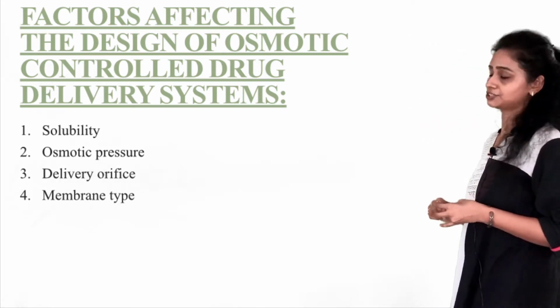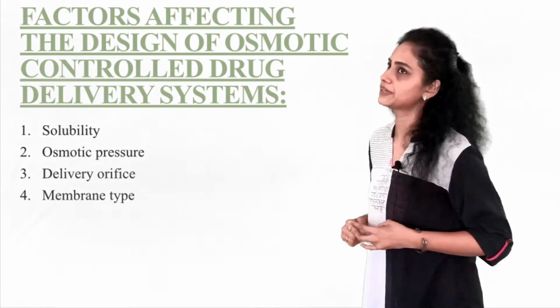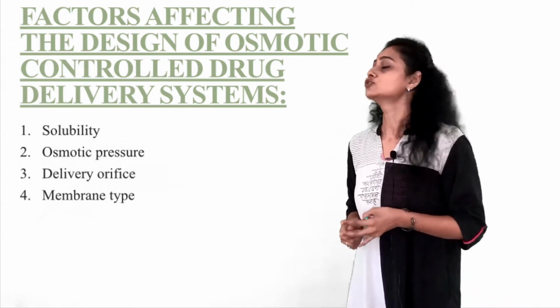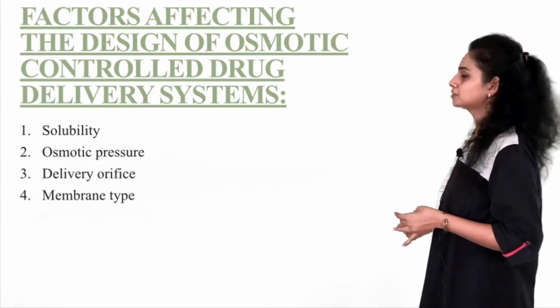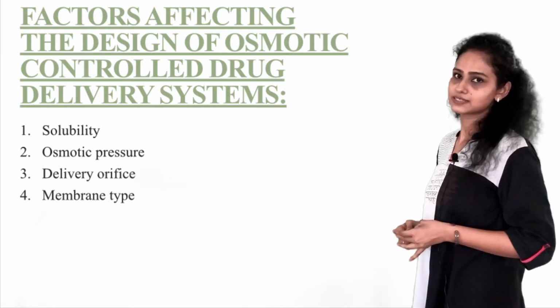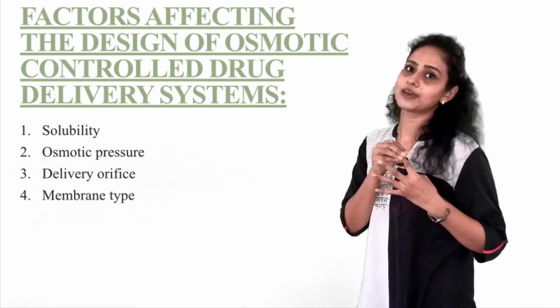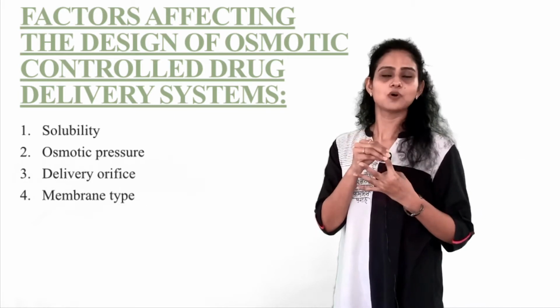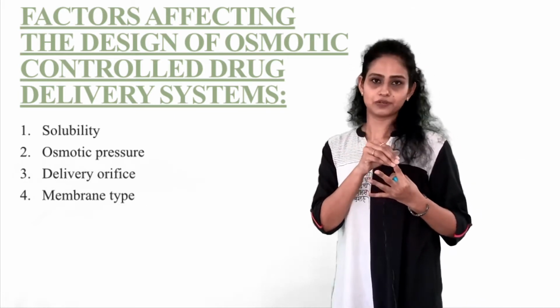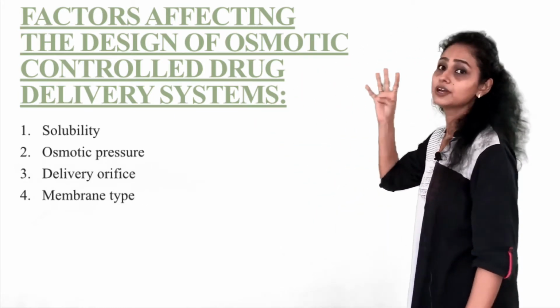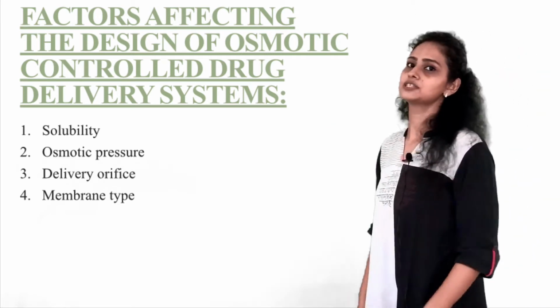If we can't generate osmotic pressure properly, then of course we cannot have proper drug delivery, right. So, osmotic pressure is important. The third is delivery orifice, as I said, and the fourth factor is membrane type, or we can say semi-permeable membrane. So, these 4 are the important factors which affect the drug release from the dosage form.